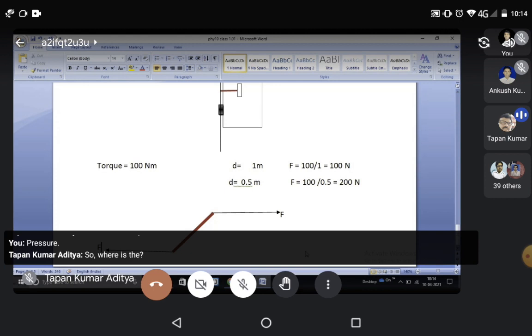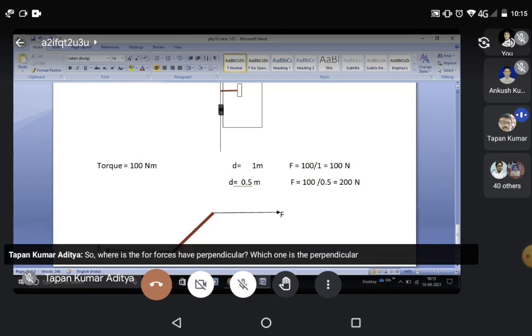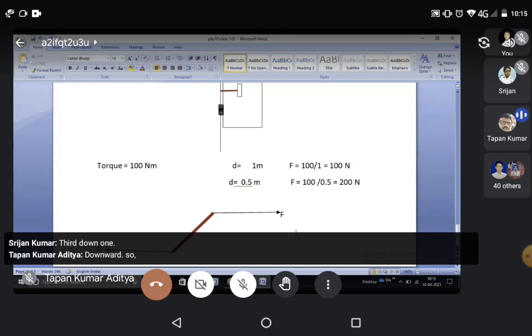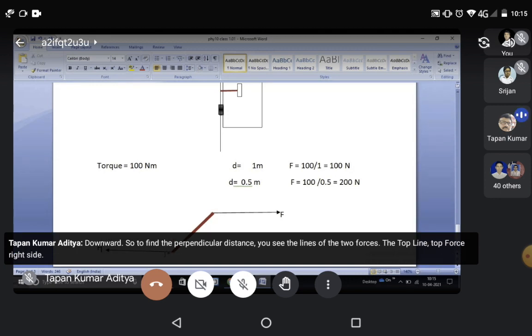So where is the force F perpendicular? Which one is the perpendicular distance? Downward. So to find the perpendicular distance, you see the lines of the two forces. The top force on the right side and the bottom force on the left side.